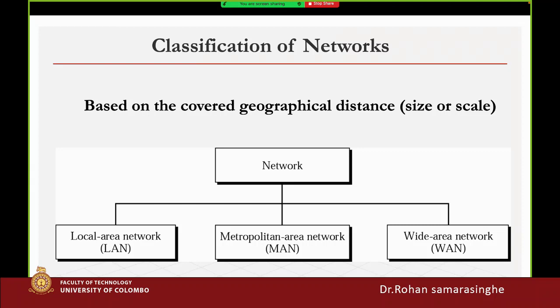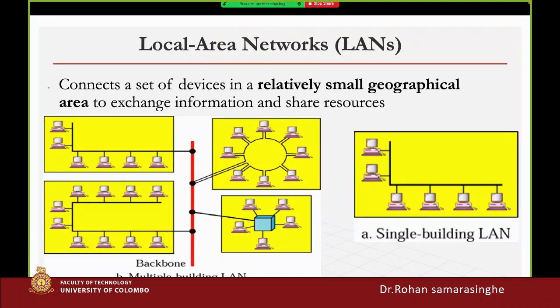The metropolitan area is larger than the local area, a certain city likewise. The wide area network is the network of networks, connecting all the networks together. So these are some examples.